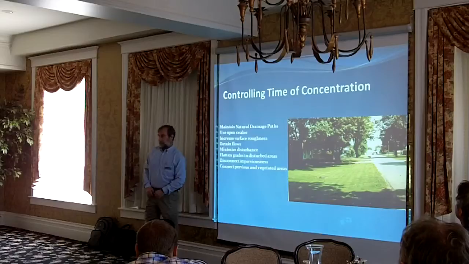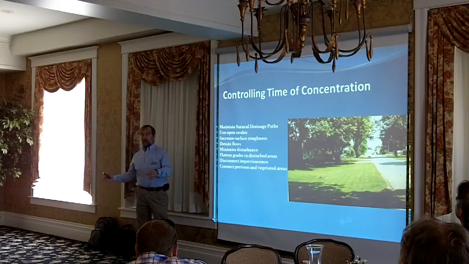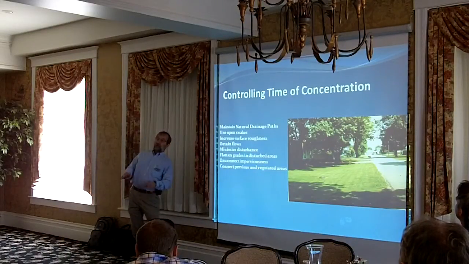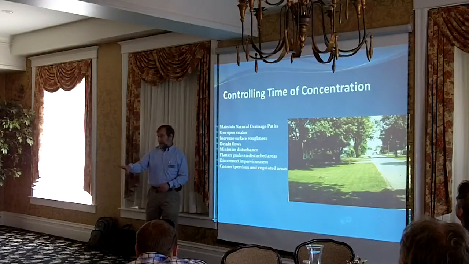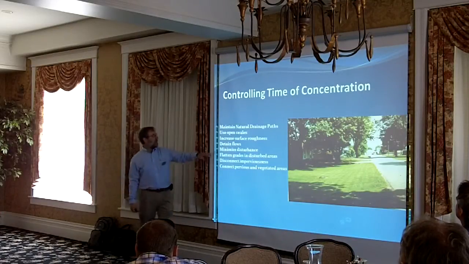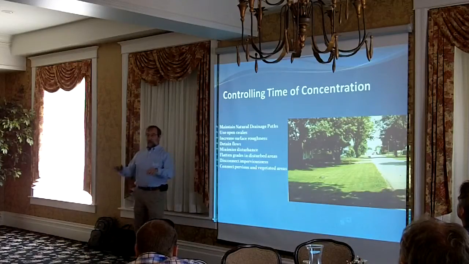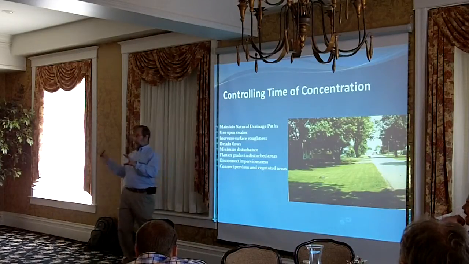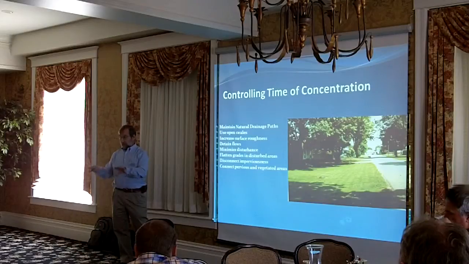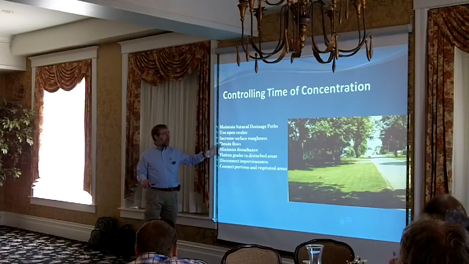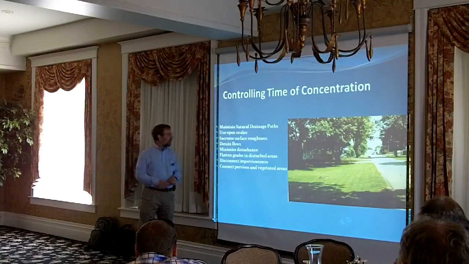Increase the surface roughness. Various ways to do that. Even if in some cases you're doing it with rock, in certain drainage paths. Detained flows. Detaining flows does have a place, even though I talked about the negatives of detention. On-site has a place in some designs.